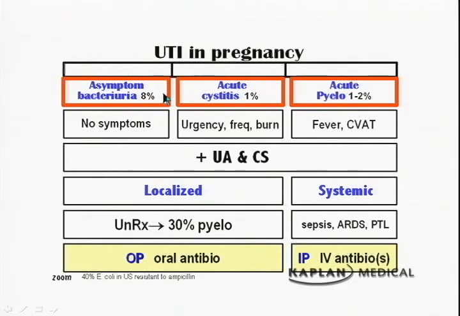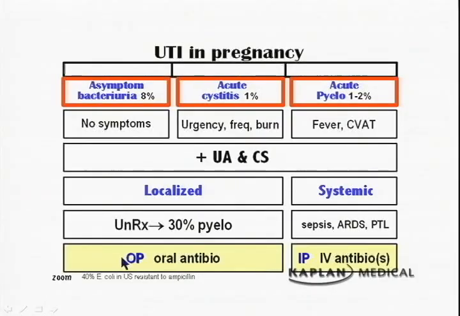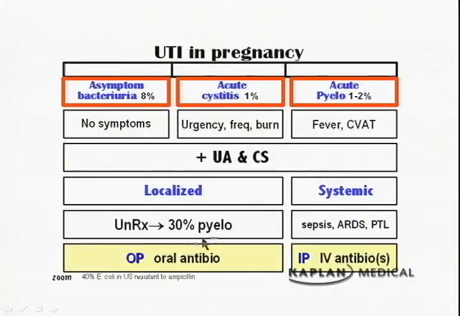And that's why we want to screen for these patients. 8% of pregnant women. If there's 4 million births in the United States a year, that is 320,000 women with asymptomatic bacteriuria in the United States. Management is outpatient, oral antibiotics. And a good one to use is nitrofurantoin. E. coli has not developed resistance against this. It is concentrated in the urine, and it can be very nice in pregnancy. Acute cystitis, 1% of patients.